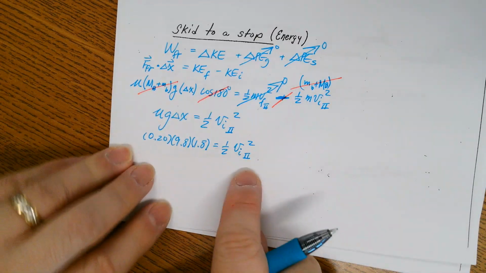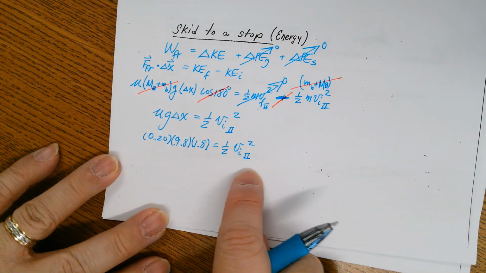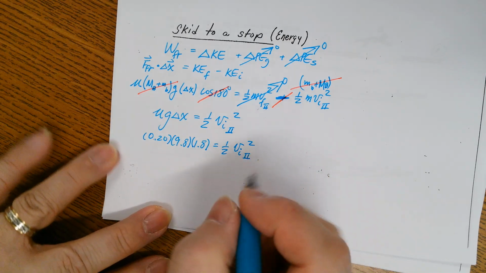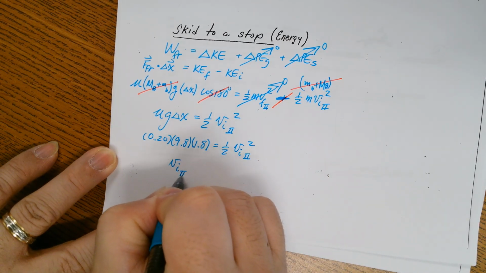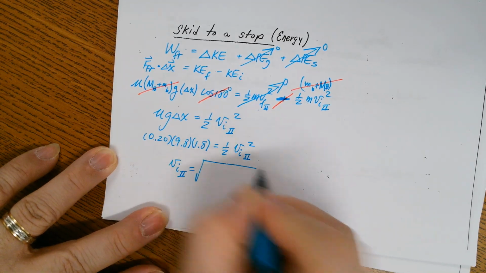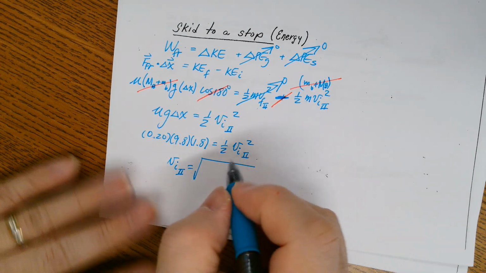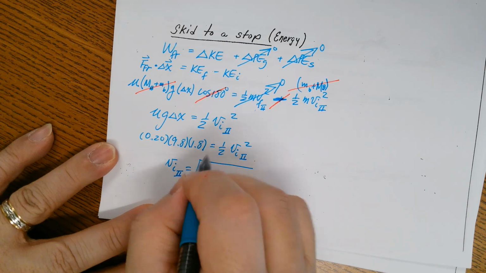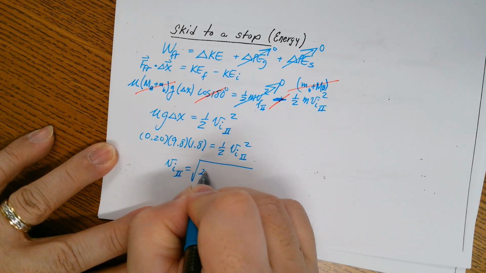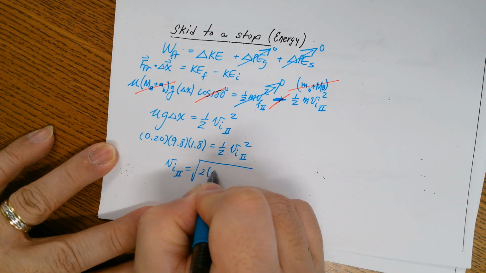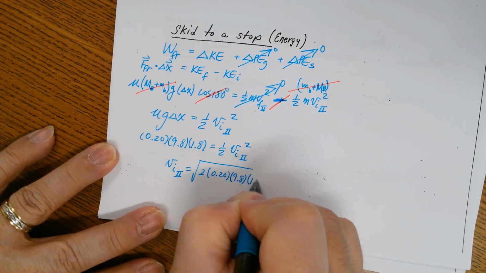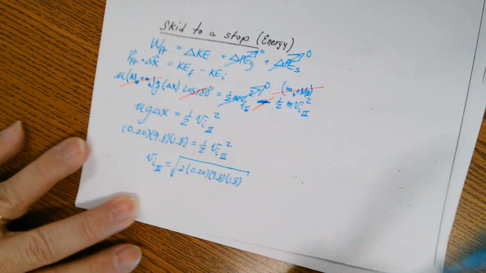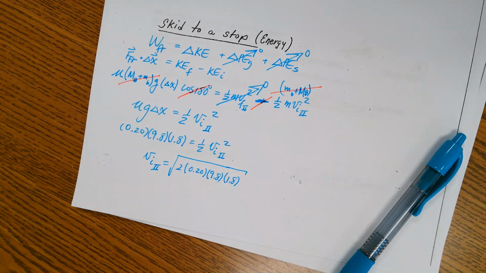So what is that v initial of phase 2? It is equal to the square root of all this mess times 2. So 2 times 0.20 times 9.8 times 1.8.